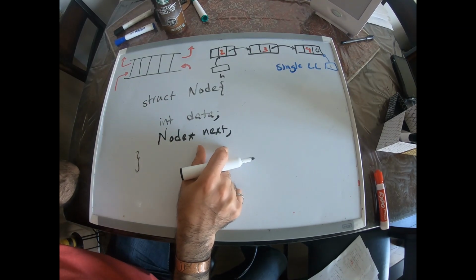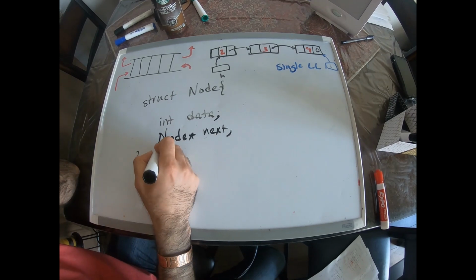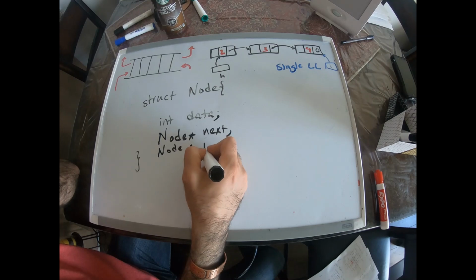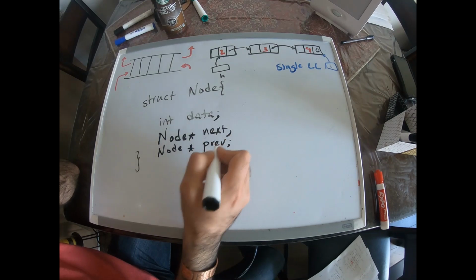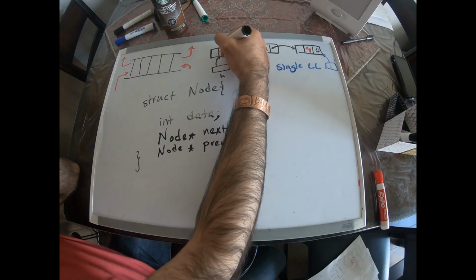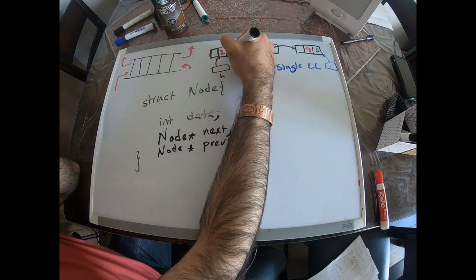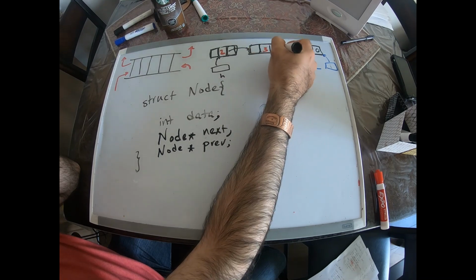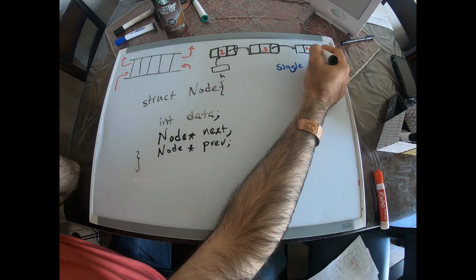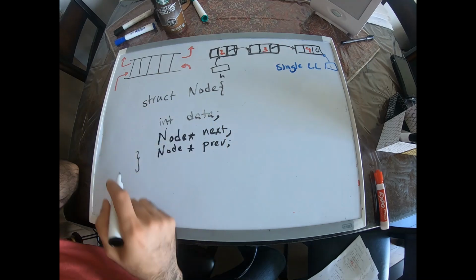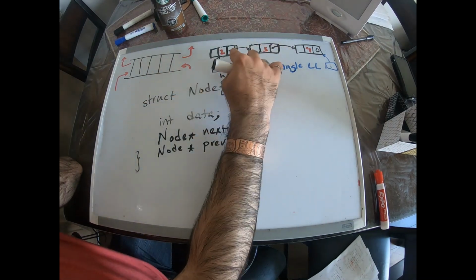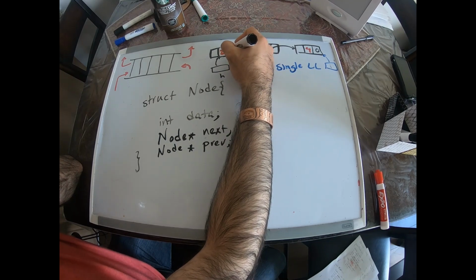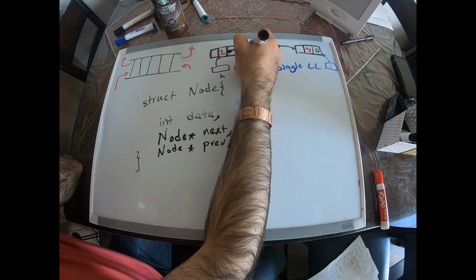In a doubly linked list, each node has two pointers, one pointing to the next node, one pointing to the previous node. So you see that these are pointers, and this is the data part. These are the pointers, and these are the data types.